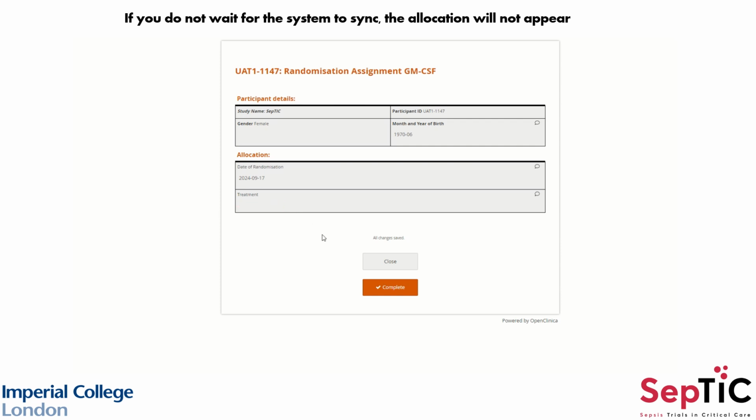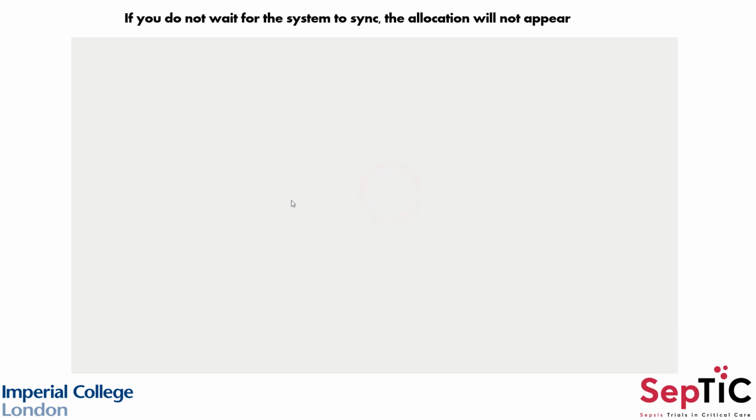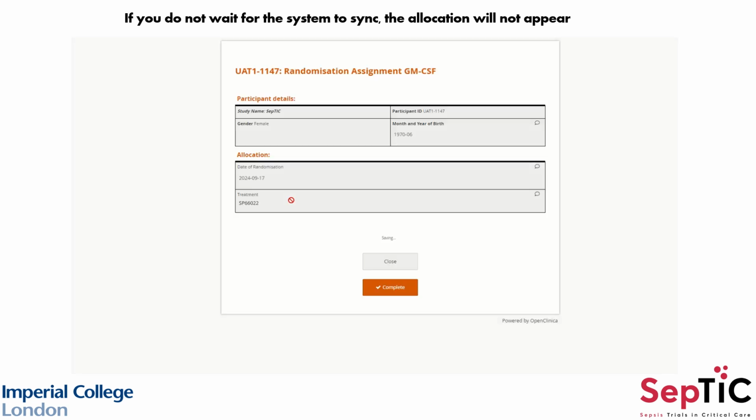To fix this, you should close the form and not click Complete, as this could lock the form. After closing, wait a moment before reopening and you can see the system has had a chance to sync. If you reopen the form in edit mode, you can see the allocation. You can then mark the form as complete.